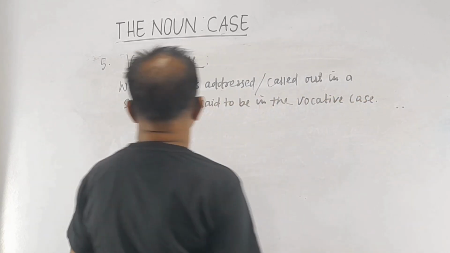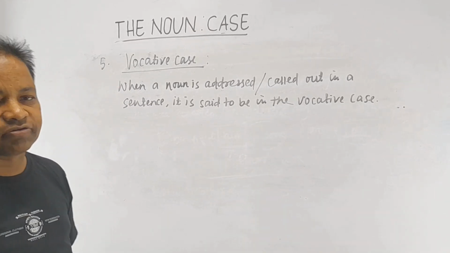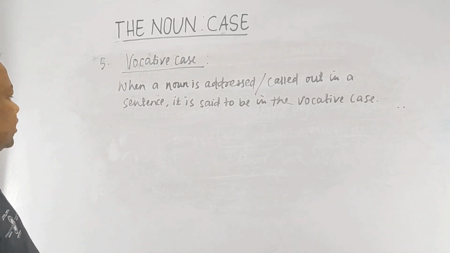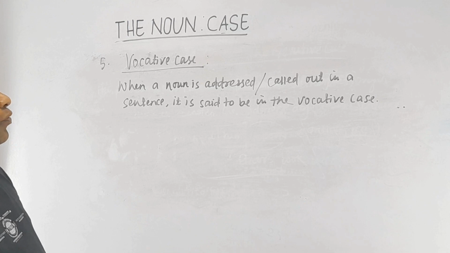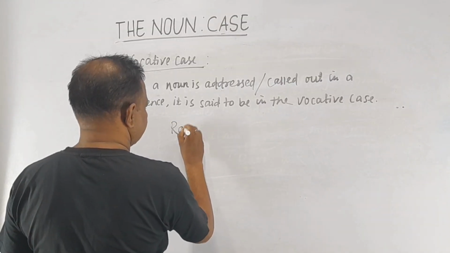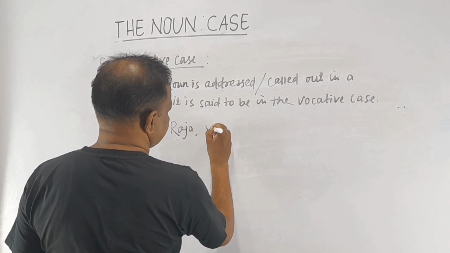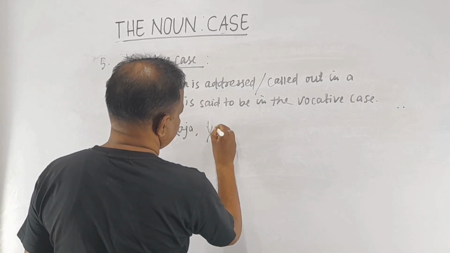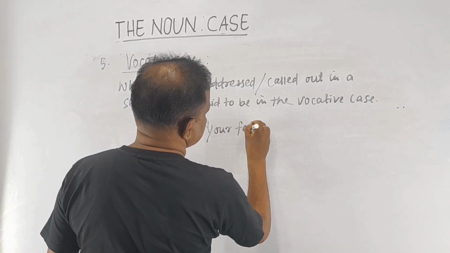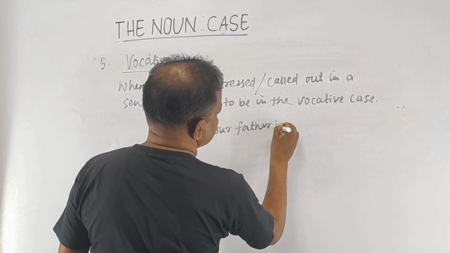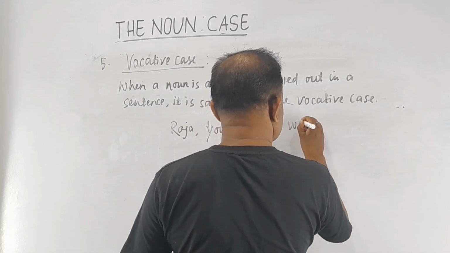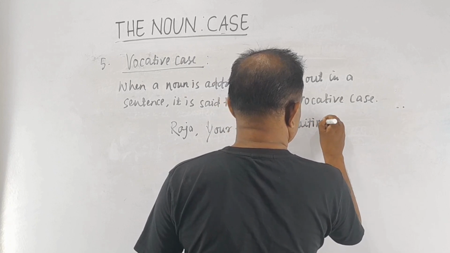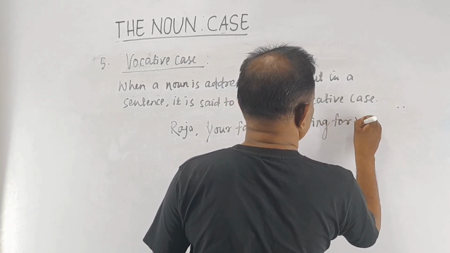Okay, listen. When a noun is addressed or called out in a sentence, it is said to be in the vocative case. For example, write: Raja, your father is waiting for you.